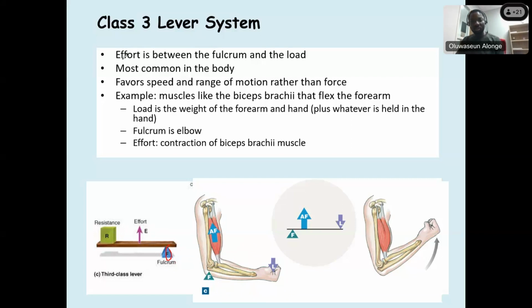Now, so the effort in quotes now is between the fulcrum and the load, which is different from the two orientations we have seen, right? So you have the effort between the fulcrum and the load. So in quote, think about it as this effort is located here, and this fulcrum is here, then the load is here. So don't let that arrangement confuse you. So you have the fulcrum, effort, and load. Effort is the same thing as applied force, like I told you, right?